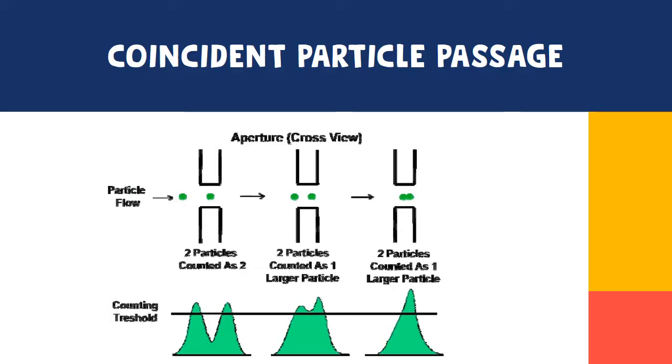The disadvantage is that when the sample doesn't have a low concentration, chances of error increase from what is called a coincident particle passage. This occurs when two or more particles pass through the sensing zone at the same time, and instead of being counted as two, the instrument reads them as one big particle.